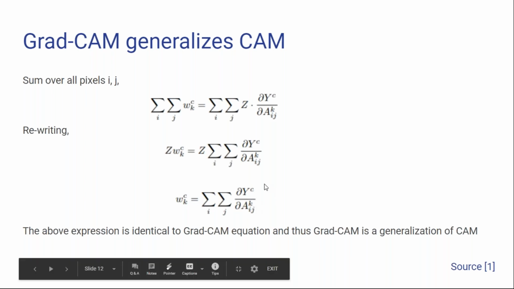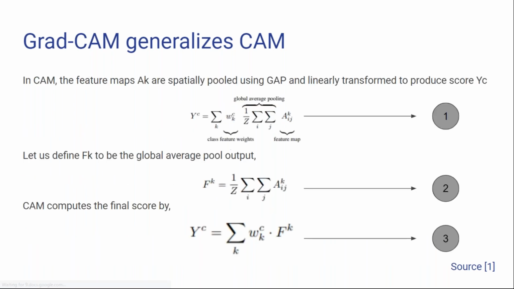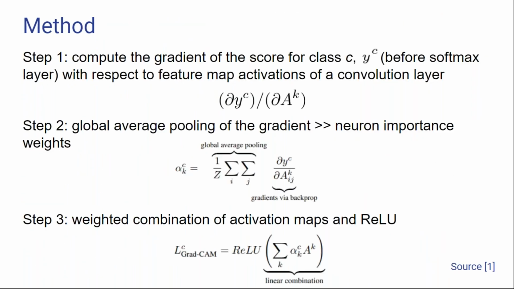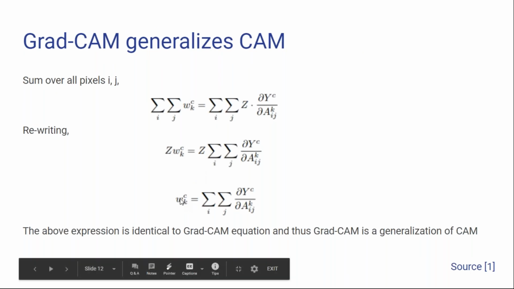So if you see, this equation is exactly the same as the Grad-CAM equation, only that there is a constant called 1 by z. So this weight alpha ck is exactly the same as wck here.